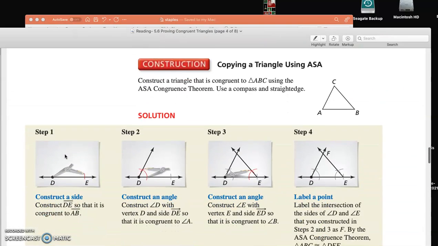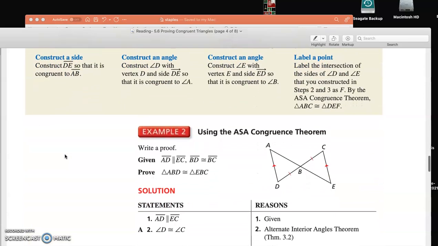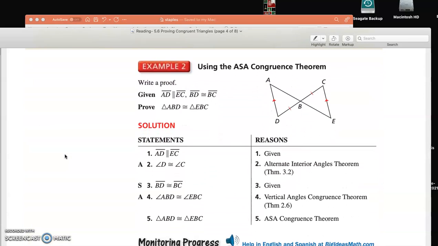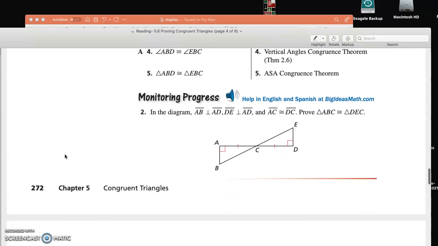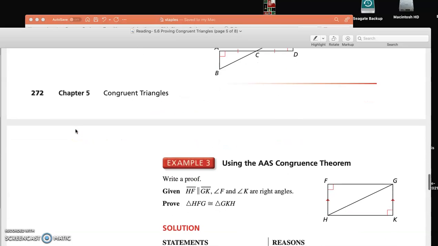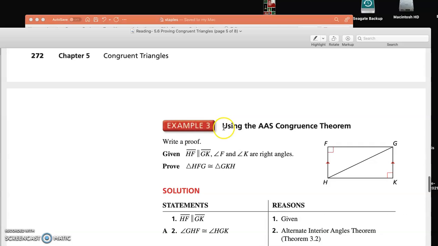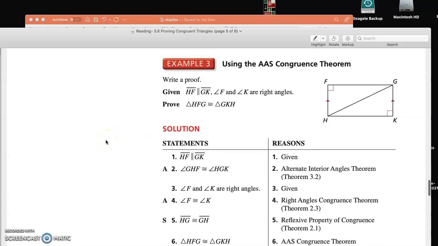Here's another example. Oh, that's a construction. We'll deal with that later. Here's another example where you're trying to prove the triangles congruent. By the way, you could do this as a little video in Big Ideas Math. And then here you're using the AAS congruence theorem.